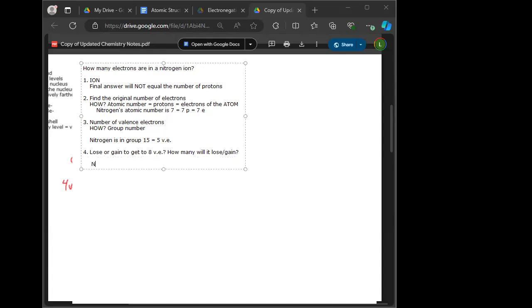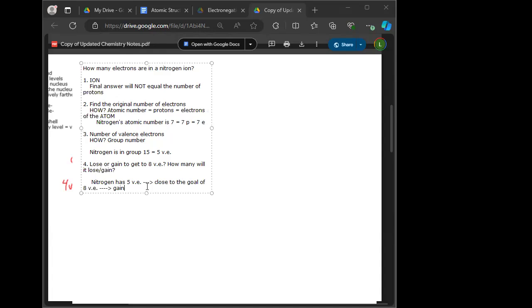Nitrogen has 5 valence electrons, which is pretty close to the goal of 8, so I would assume nitrogen is going to want to gain valence electrons. To get to 8, nitrogen would have to gain 3.